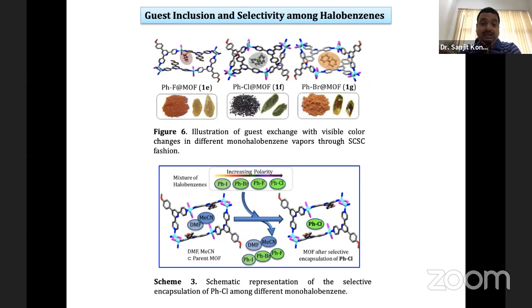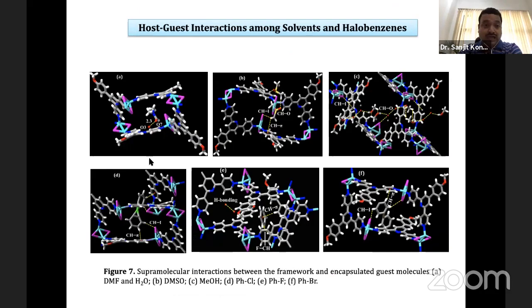So this material can selectively detect and selectively encapsulate particular chemicals amongst others, although they are in the same class, based on their polarity. We have the single crystal structure, and we have identified the position of each guest molecule inside the pore. I am not going into the details.